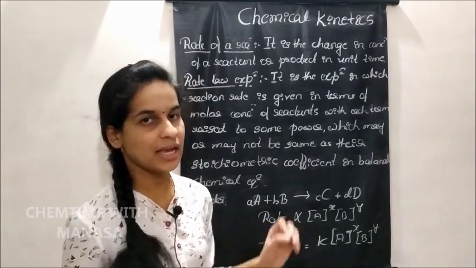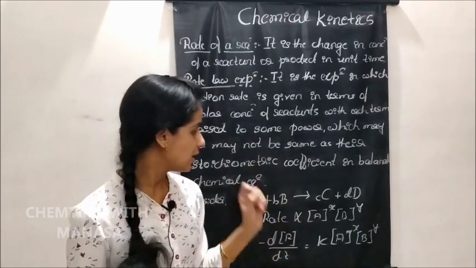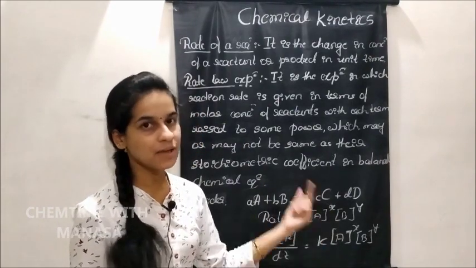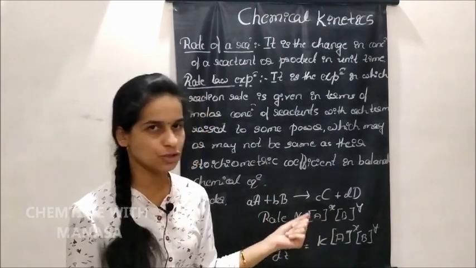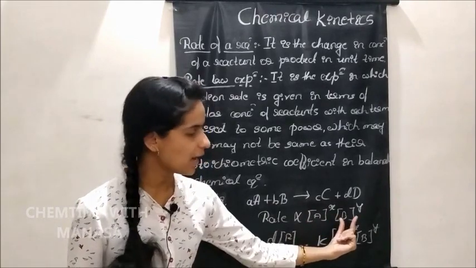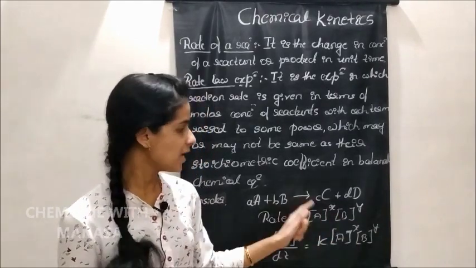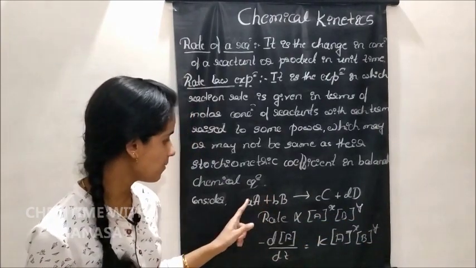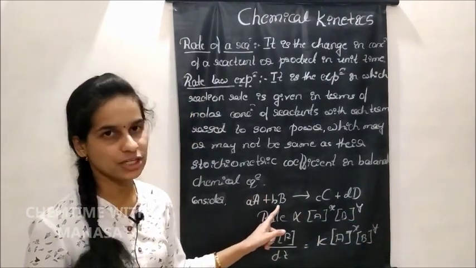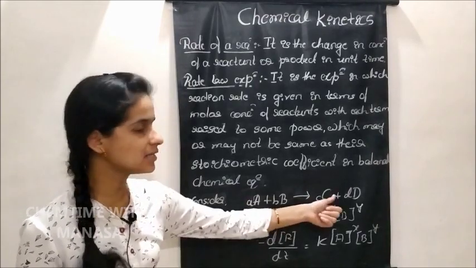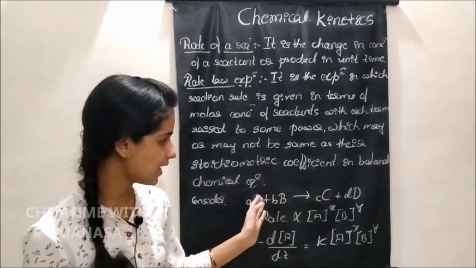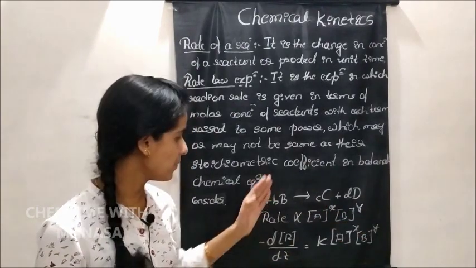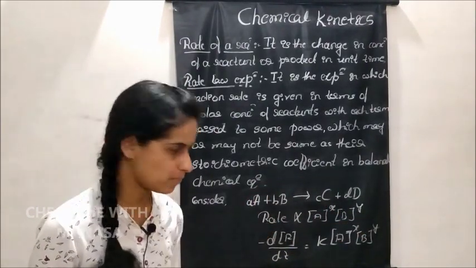Any reactant or product written in a square bracket means that term indicates the concentration of that constituent. So concentration of A and concentration of B. Here the powers x and y are different from the stoichiometric coefficients in the balanced chemical equation. So they may or may not be the same. x and y may be equal to a and b or may not be.